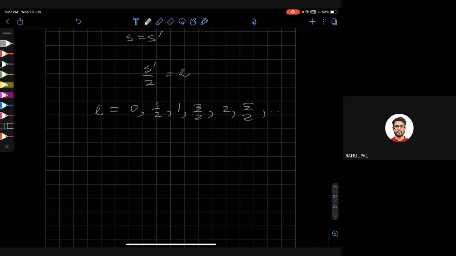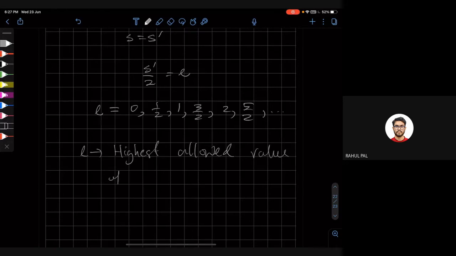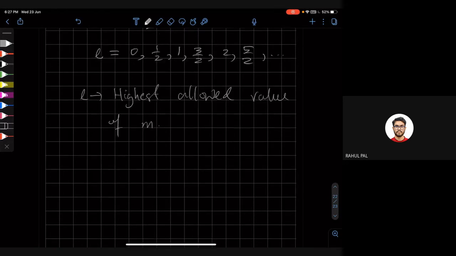So now recall that L is the highest allowed value of M. And M can only change by 1.